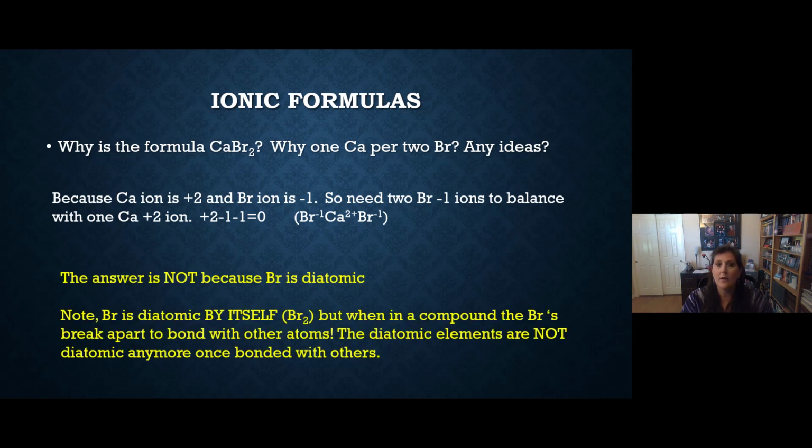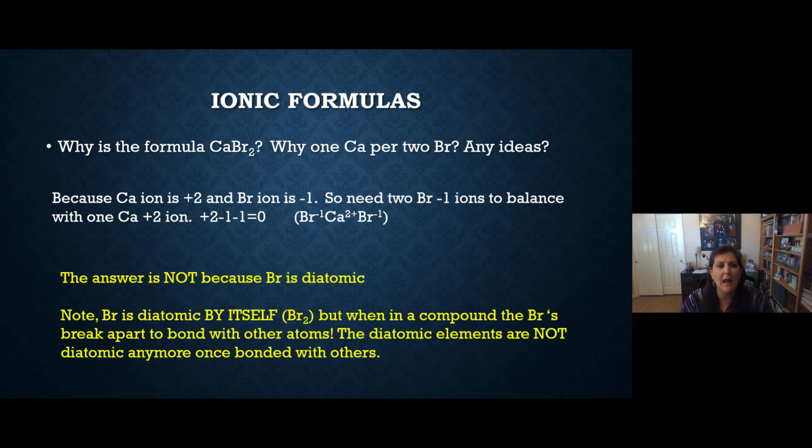Now you may have thought bromine is diatomic, and that's why it has a 2. Well, it's true, bromine is diatomic and it gets a 2, but that's only when it's alone. Bromine is diatomic when it's by itself, Br2. As soon as it bonds with another atom, the Brs break apart and bond with the other atoms.